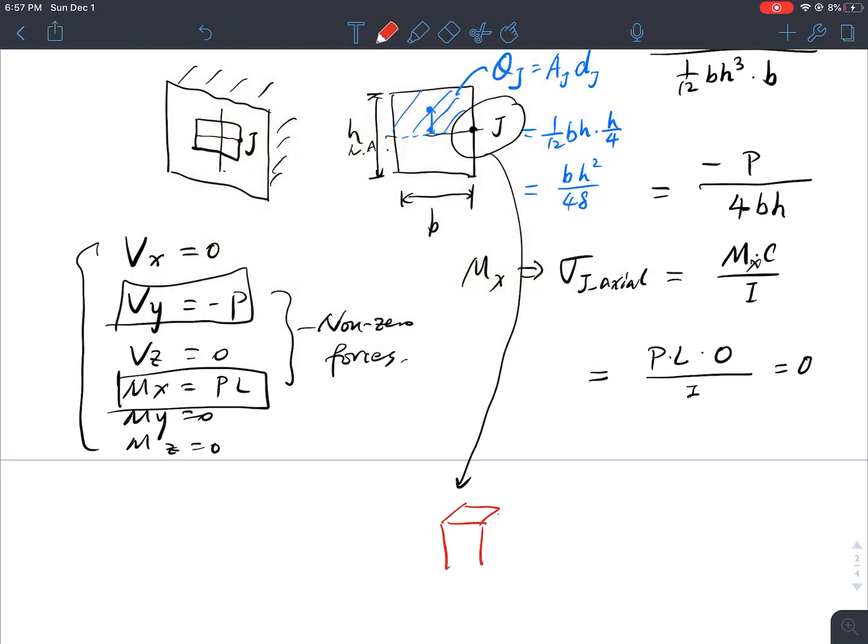Now, if I want to zoom in on J and draw my small element of J in terms of y, x, z, I only have a shear stress, and it's going downwards.